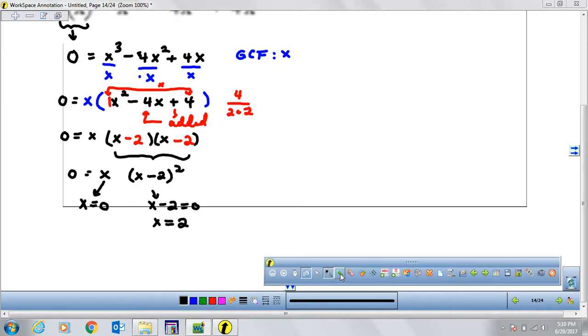If you notice, that one has a multiplicity of 2, meaning that the factor is repeated 2 times. So that's what it means by the multiplicity. So we're going to say that this one has a multiplicity of 2. The factor x repeats only once, right, that's what we see because it's only x to the first power. So that means that this zero has a multiplicity of 1.